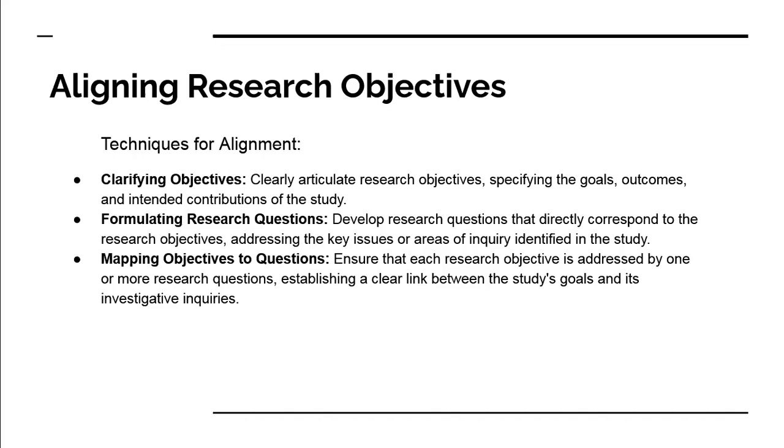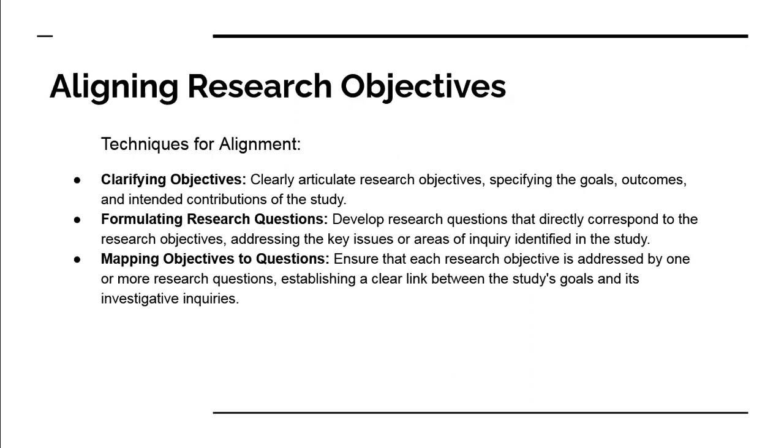What is the importance of aligning the objectives? So we have some techniques to align the objectives. First, we have to clarify the objectives: articulate research objectives, specifying the goals, outcomes, and intended contributions of the study.